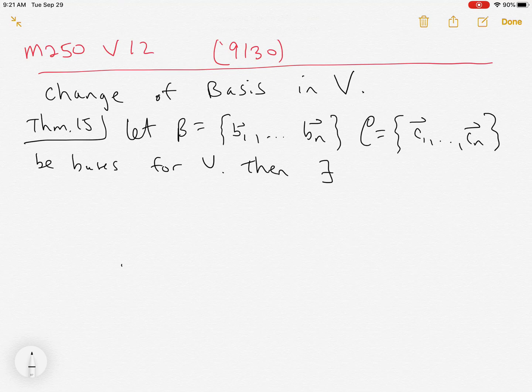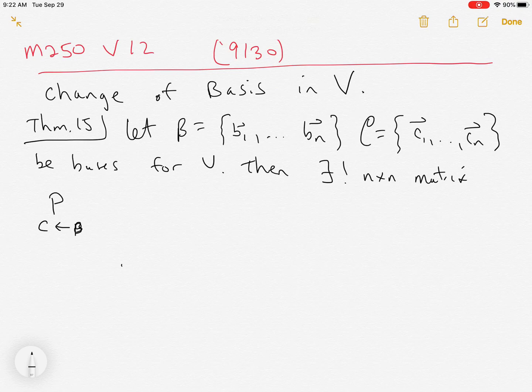Then there exists a unique n by n square matrix P, with underscore. This is hard to write. So this is the matrix notation.